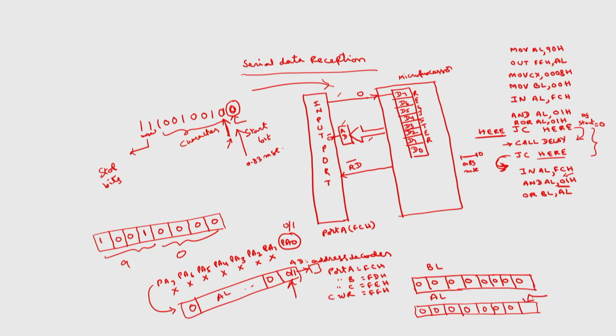This bit will be whatever the received bit is. The received bit can be either 0 or 1. If I OR these two, then after this the contents of BL become: the first 7 bits will be 0 0 0. I will not consider that.